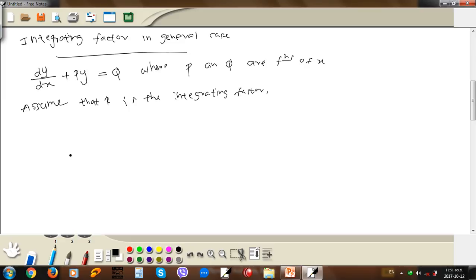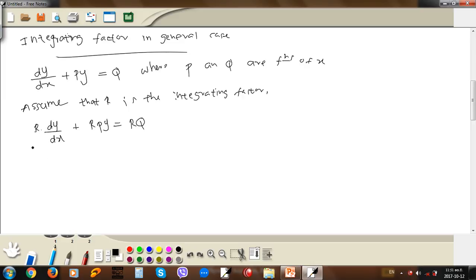Then, as we did in the previous example, we have to multiply the whole equation by this integrating factor: r dy/dx plus r times p times y equals rq.